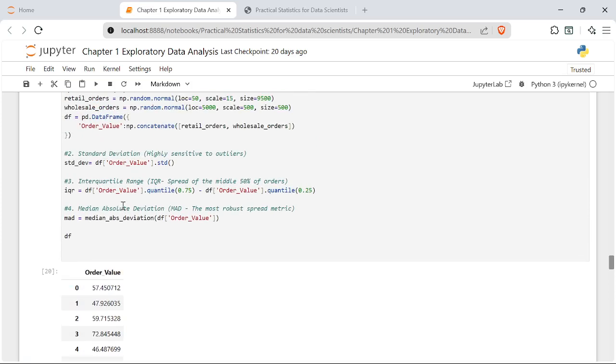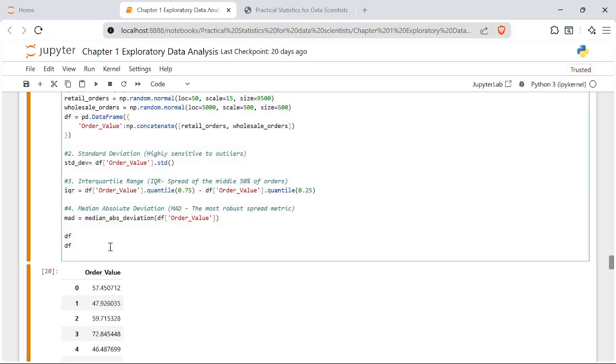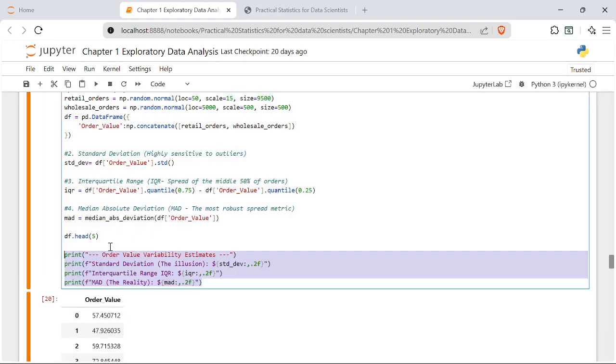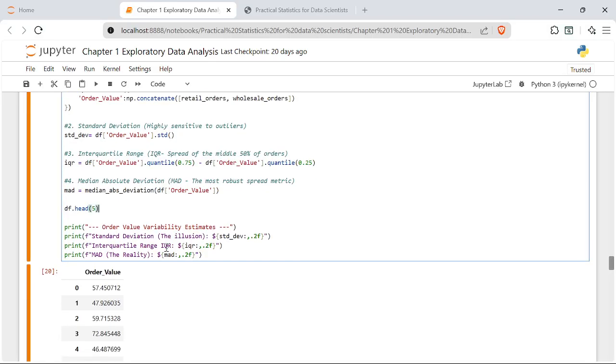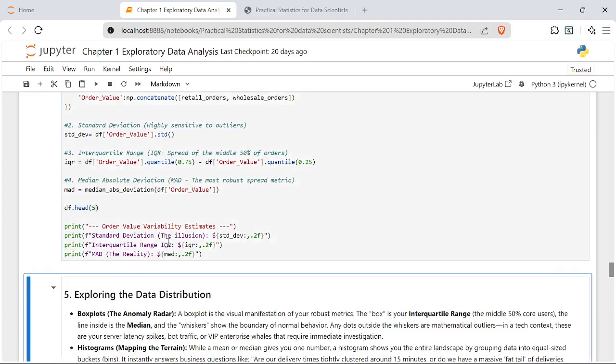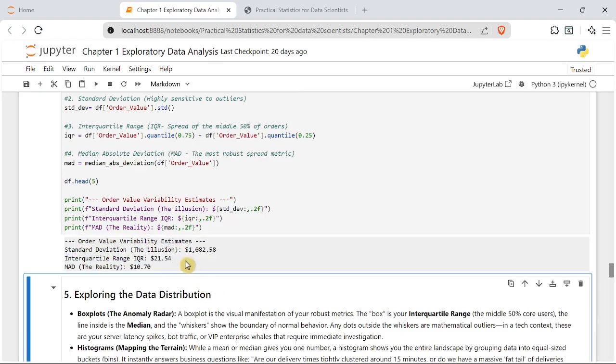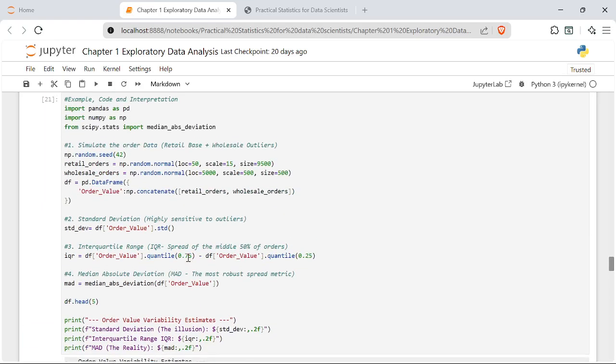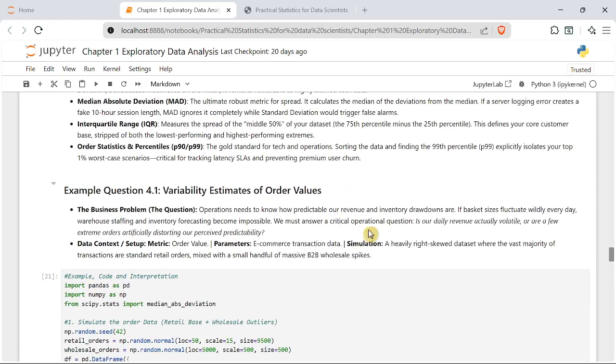So we calculate the order value variability estimates, like what will be the variability in order value. The supply chain team, the operations, need to know how predictable our revenue and inventory drawdowns are.